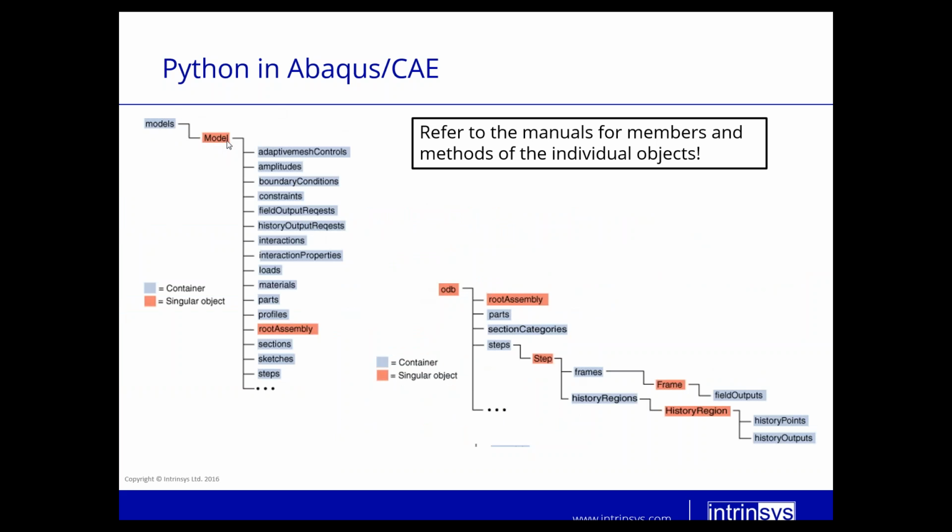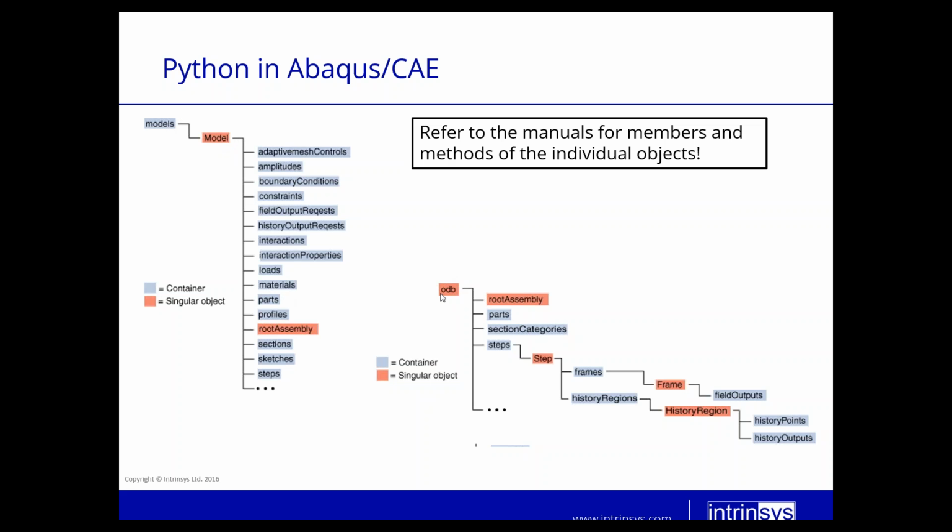By default, this should be model 1. And this model has various fields that I can access. For example, if I want to create a new material, I would first go to the repository, grab the model I need, and then in that model, I would need the materials.